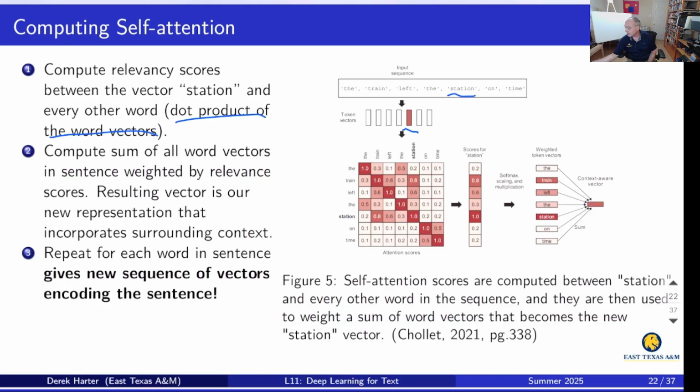That is the result for the column for station here. The dot product between station and one word gives 0.2, and between station and train maybe gets a relevancy score of 0.8, and so on.